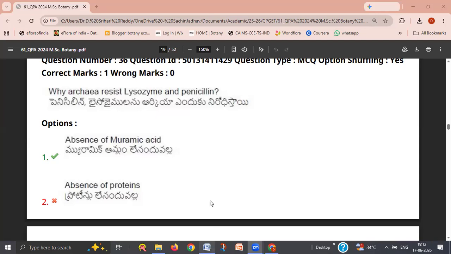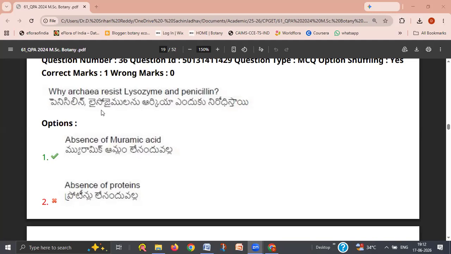And so the question is related to penicillin and lysozyme. See, penicillin is an antibiotic. Already we discussed it. It acts on the cell wall of the bacteria. And lysozyme also acts on the cell wall of the bacteria.